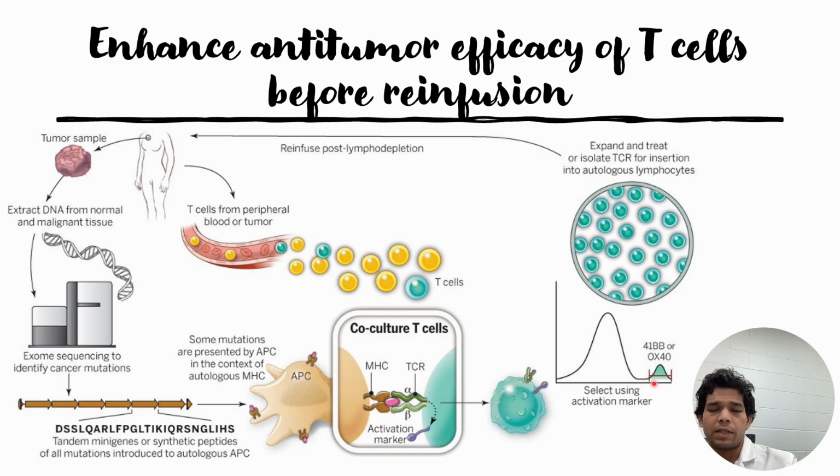And once these activated T cells have been sorted, these T cells will be expanded. In this case they have used T cells from the blood or the tumor, so it can either come from the tumors or from the blood.